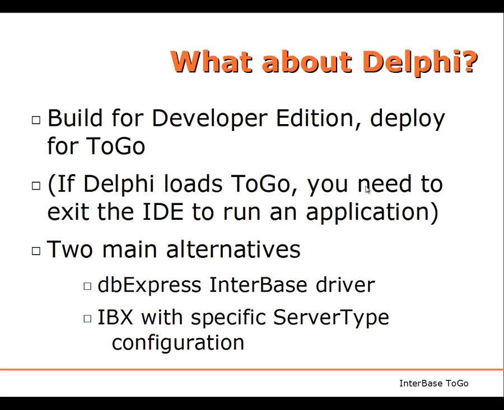In this case, there is a very specific server type configuration that actually lets you quite easily build a Delphi application that works specifically with InterBase ToGo. So having said this, let's start Delphi.